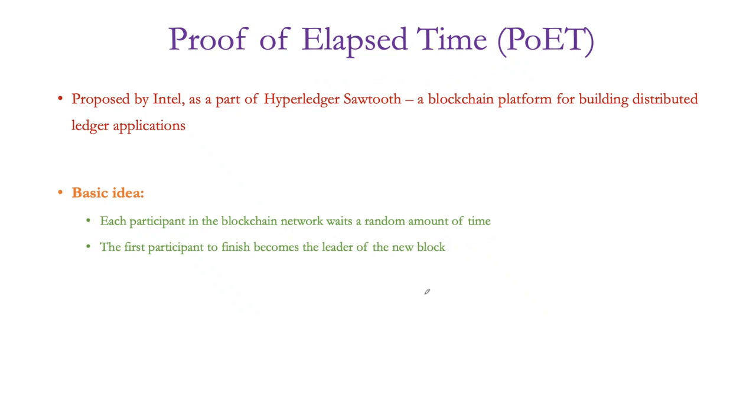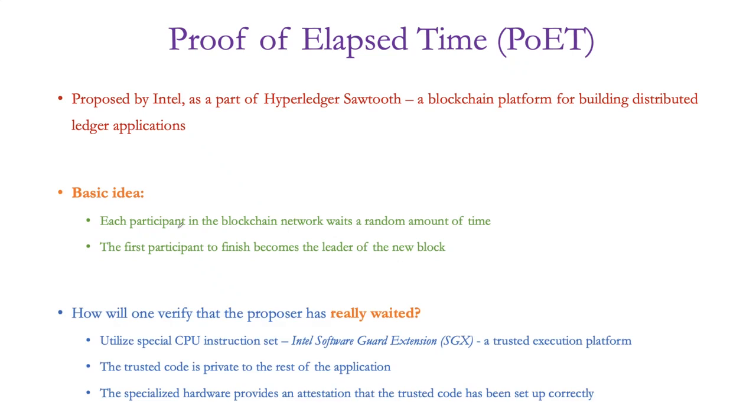For every participant a random amount of time is given; in that time they don't do any operation, but after that they can participate as a miner. How one verifies that the proposer has really waited that much time is the question in proof of elapsed time. How will it be verified?